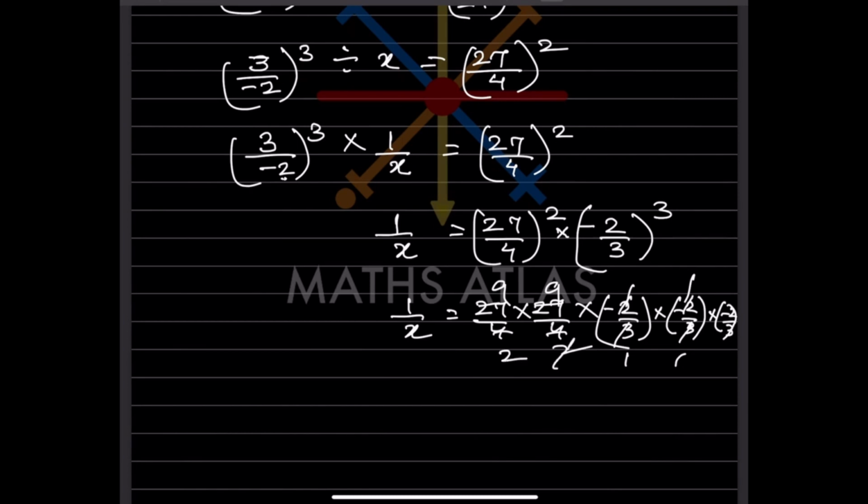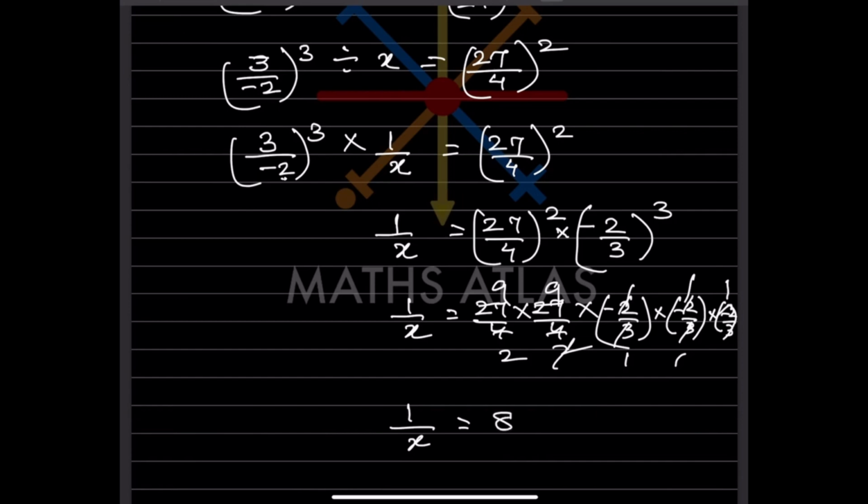So now again this and this will get cancelled, that will be 1. So what we can see here, 1/x is, what remains up in the denominator will be 9 nines are 81, here this 2 is gone.